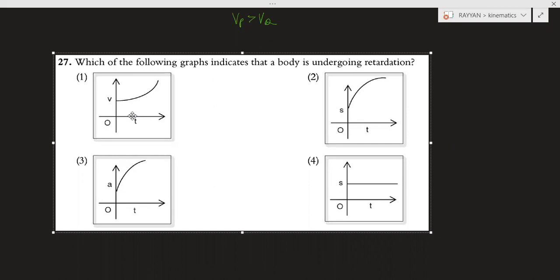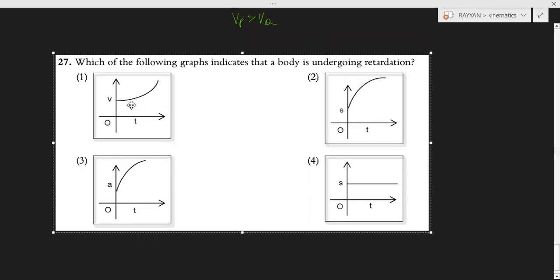Retardation means negative acceleration, that is, when the velocity is decreasing. And if you have the accelerator and you are increasing the velocity of the car with time, your car is in the accelerating condition. When you apply the brake, your car will be in the retardation condition.